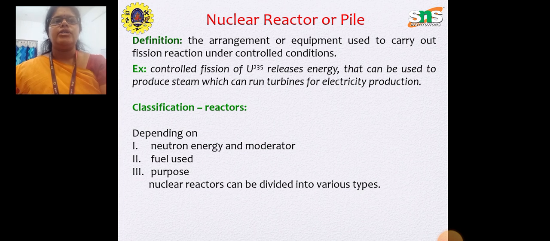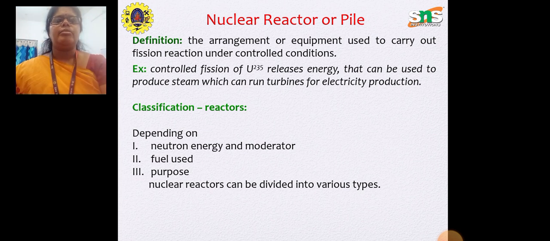It is the arrangement or equipment used to carry out the fission reaction under controlled conditions. For example, controlled fission of uranium 235 releases energy that can be used to produce steam, which can run turbines for electricity production.